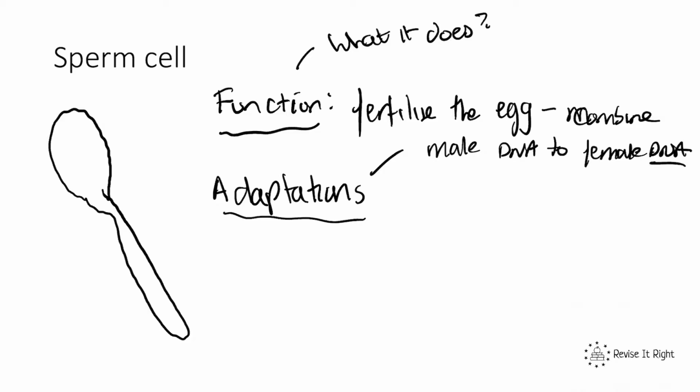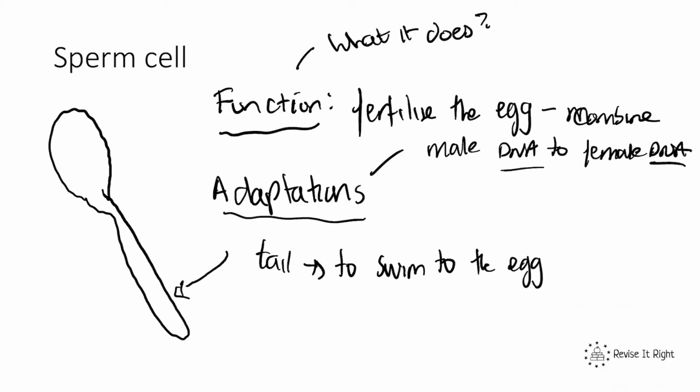And that's really, really important, and if that didn't happen, none of us would be here. So what adaptations does it actually have to make it good at that? Well, one of them is quite obvious, is that it has a tail. Now, if it didn't have this tail, it wouldn't be able to swim. So the importance of the tail is to swim to the egg.